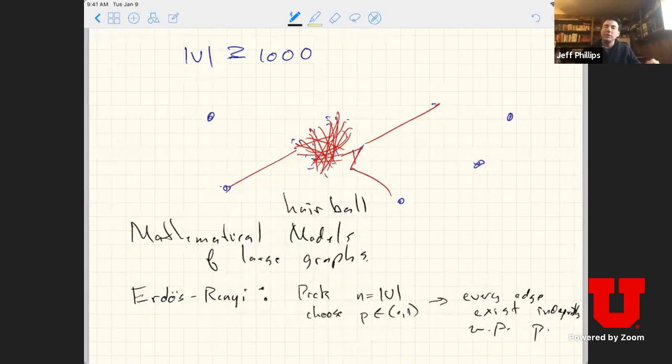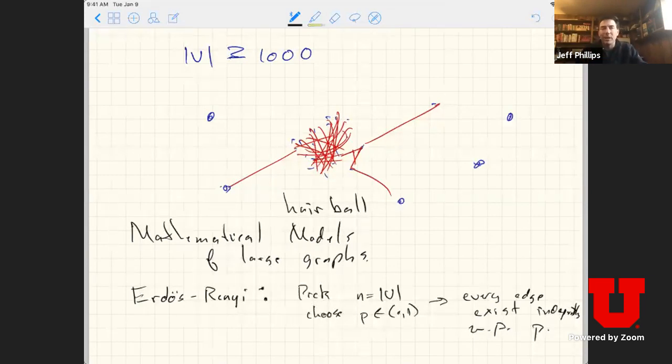Let's say I pick a large enough n, and then I look at what happens as I increase p, and you see, okay, at a large enough p, I get this hairball structure. At a larger p, basically everything is connected to each other and pretty tightly connected.